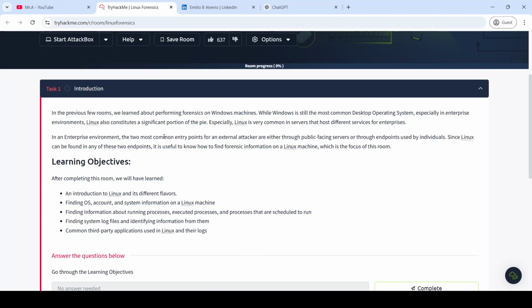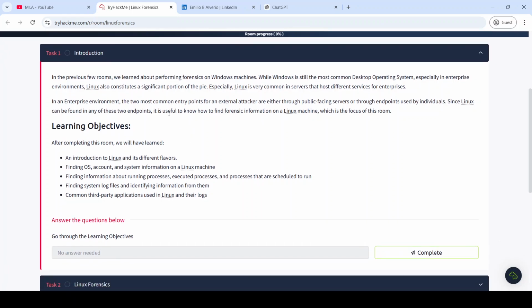In an enterprise environment, the most common entry point for an external attacker is either through public-facing servers or through endpoints used by individuals. Such Linux can be found in any of these endpoints. It is useful to know how to find forensic information on Linux machines, which is the focus of this room.